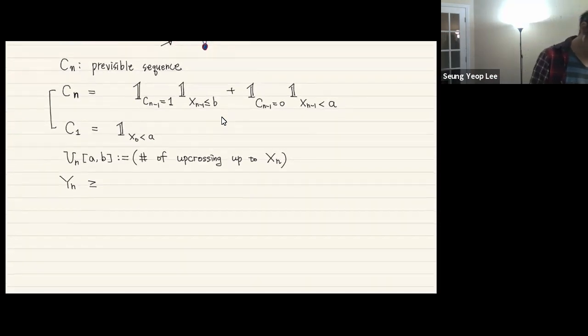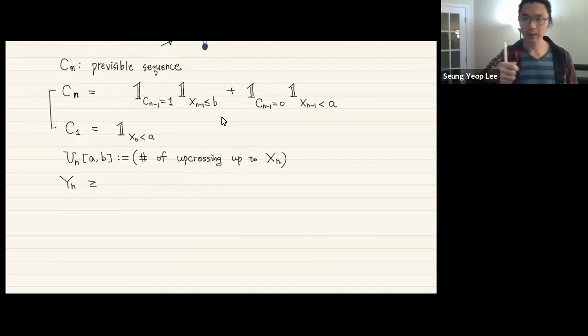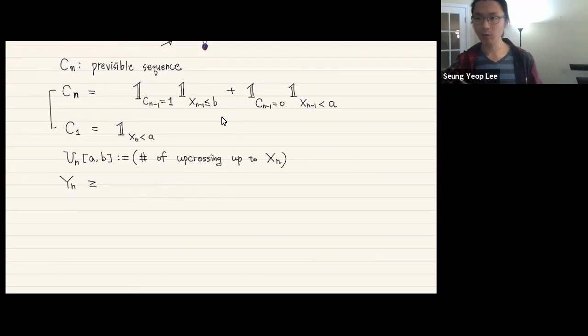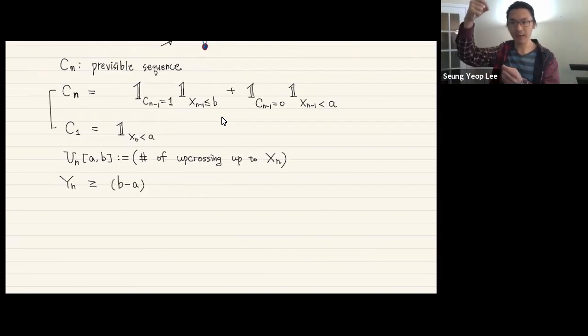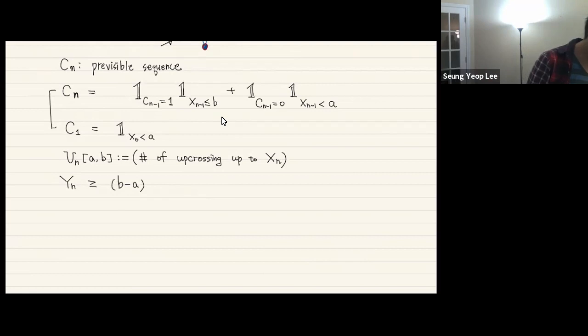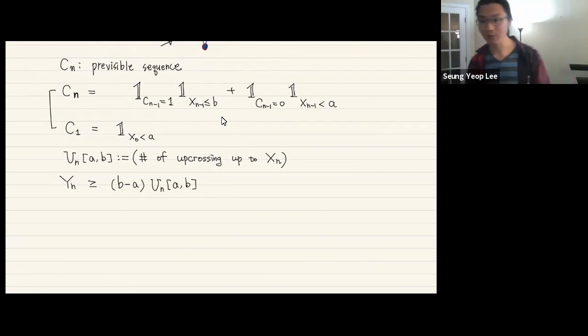So whenever there's an up crossing, YN will increase at least by this amount. Whenever there's an up crossing, there's an earning of at least B minus A. So if I multiply this by the number of up crossings, that's the lower bound for YN. But that's not true.